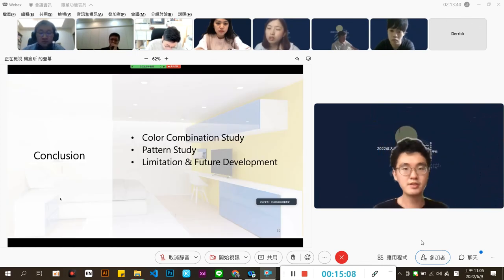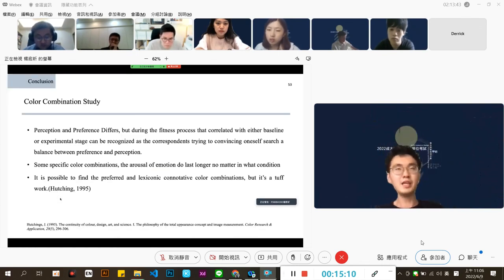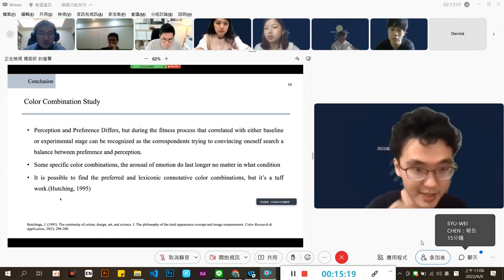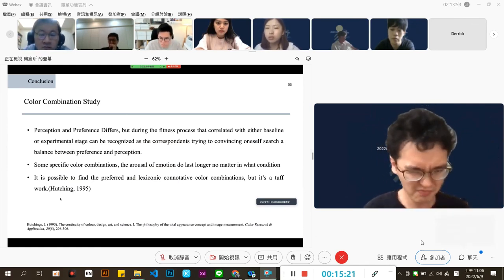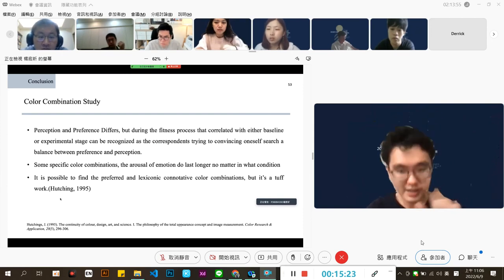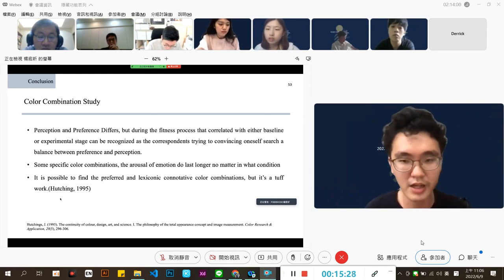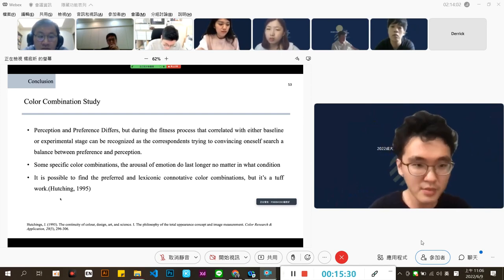And the conclusion of this study from the color part: previous studies said it is possible to find lexicon connotations with monocolors, but this study shows that color combinations of multiple colors can also find preferred and lexicon-connotative words, although it's a tough job.